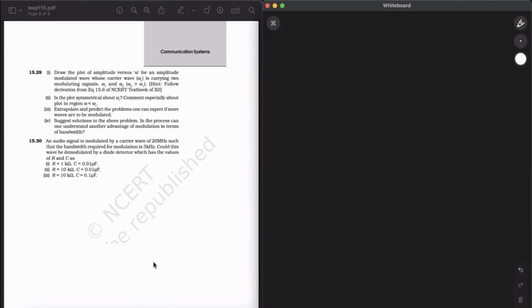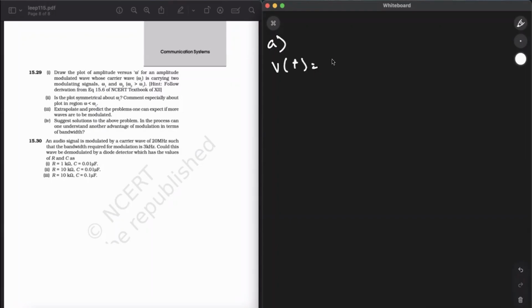Okay, now the next question. Draw the plot of amplitude versus omega for an amplitude modulated wave whose carrier wave omega C is carrying two modulating signals, omega 1 and omega 2. Okay, so it is a lengthy question, so I'll try to do it as soon as possible.